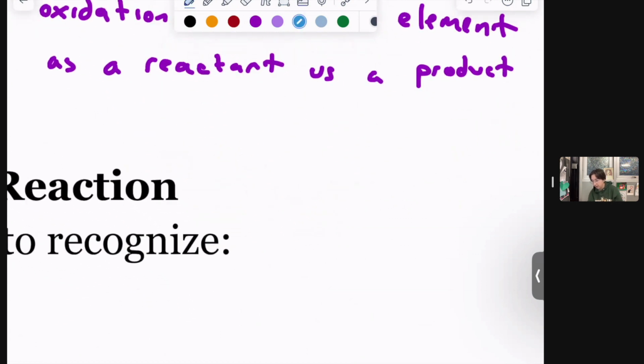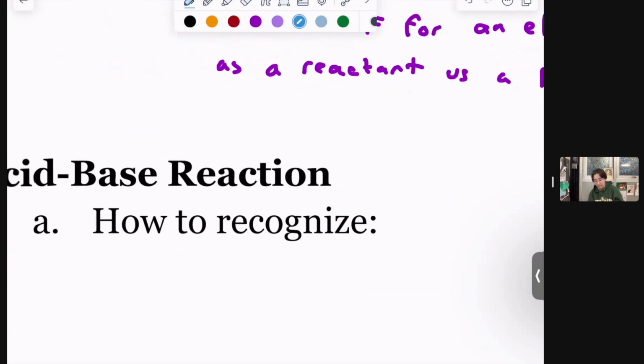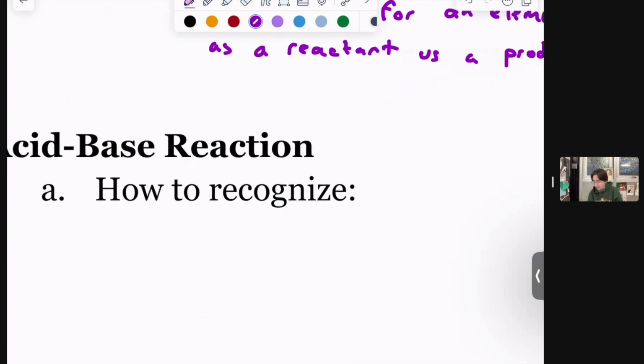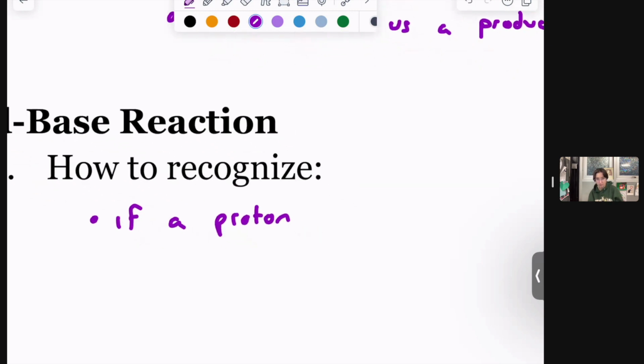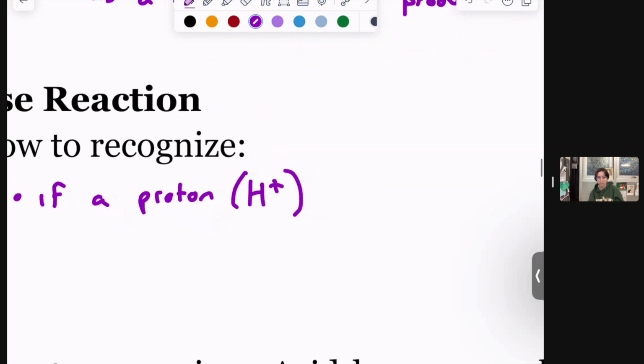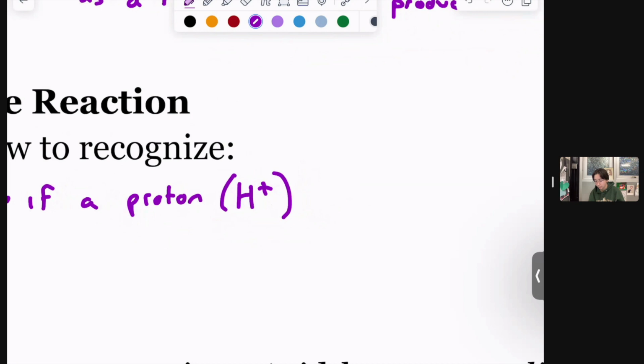Acid-base, the way we will define this is by proton transfer. So the way you're going to recognize it is if a proton, and the way we define that is a hydrogen ion, because it doesn't have an electron, so it's just a proton.